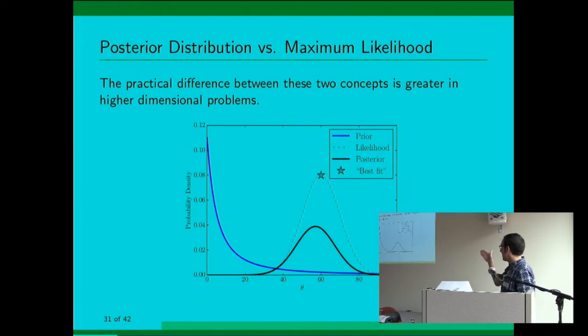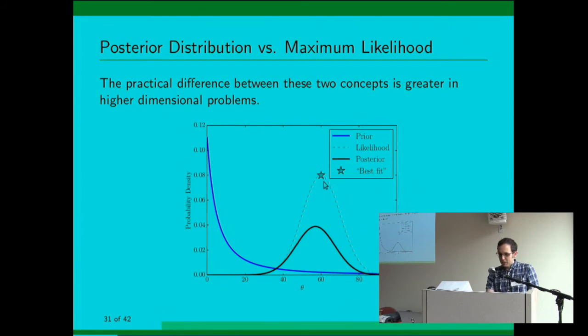I've just got a little picture here of a one-dimensional parameter space for some quantity theta that could be between 0 and 100. The prior distribution for theta is this blue curve, and the likelihood function is this dotted curve that should be cyan, but we're having some color issues with the screen. It looks kind of gray there.